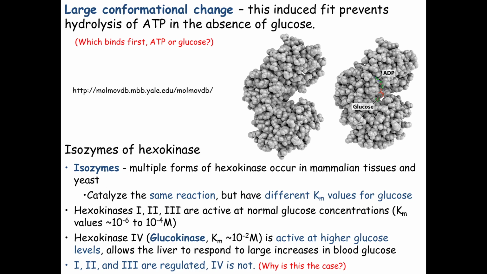All right? So we'll clump hexokinases 1, 2, and 3 together because they all have similar Km values, somewhere on the order of 1 micromolar to hundreds of micromolar, right? 10 to the minus 6 or 10 to the minus 4 molar. And then there's hexokinase 4, which is quite different from the other two. Its Km is 10 to the minus 2 molar, right? So that's much, much larger.